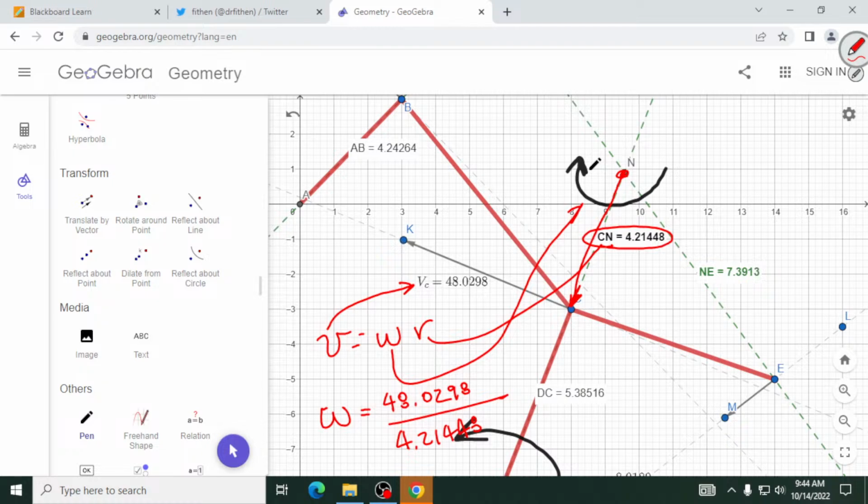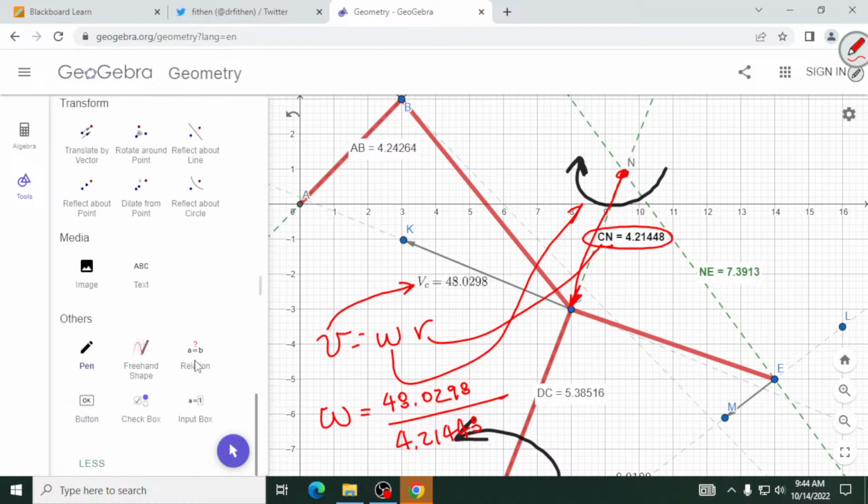No, it wasn't. Okay, 48.0298 divided by 4.21448 gives 11.39. Okay, let me just hold this for a second and put that in as text.